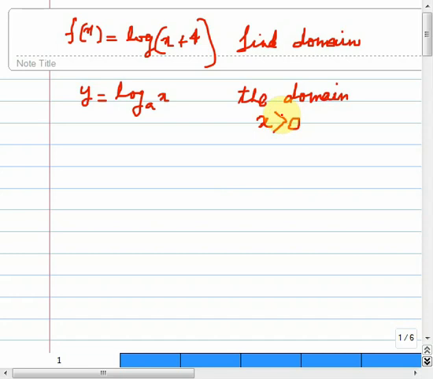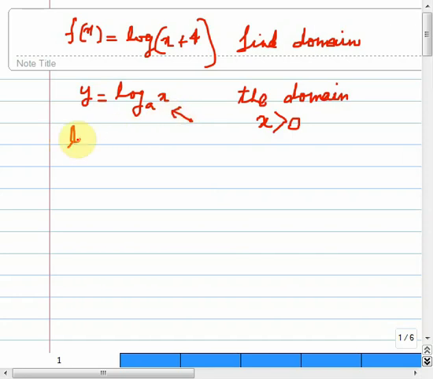I have already explained from where this x greater than 0 had come. This had come from the exponential functions, that the graph of the exponential function is always greater than 0, and the log is inverse of an exponential function.